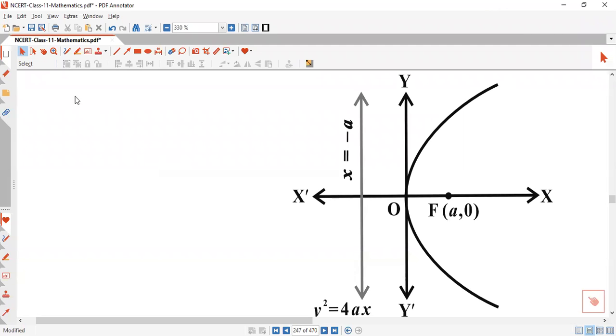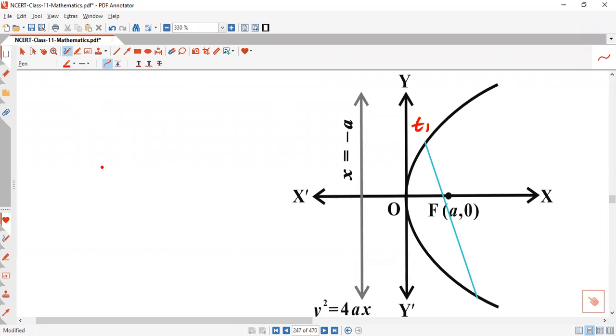Let's suppose we again draw a normal at point T1. This is a normal at this point T1.